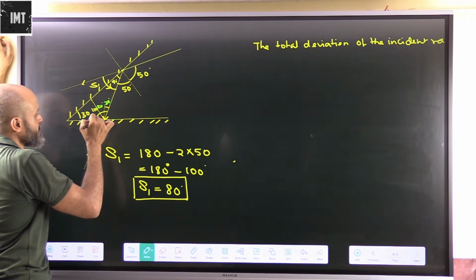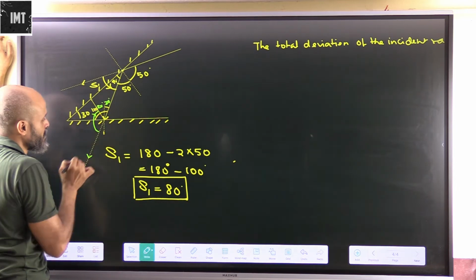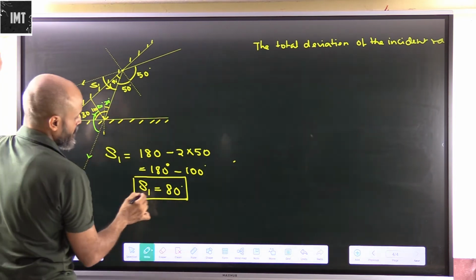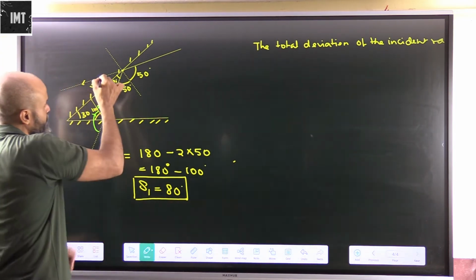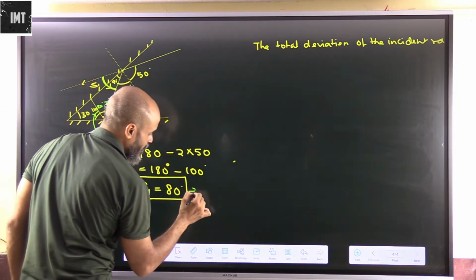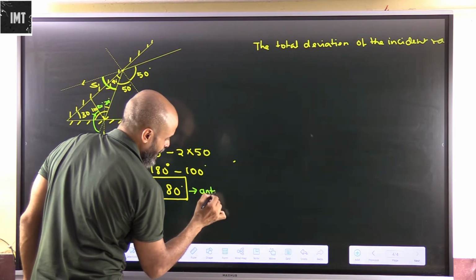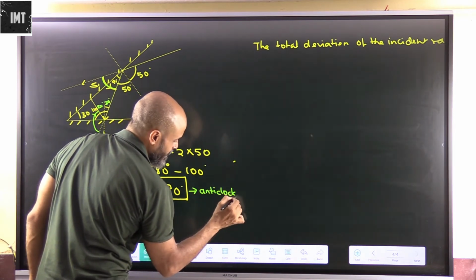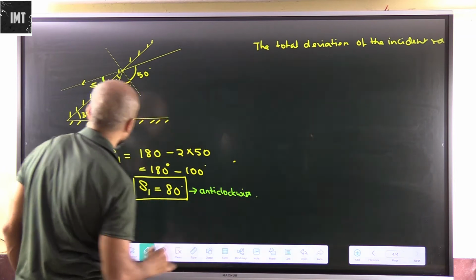So this is the deviation that is produced. Understand the direction here: this delta 1 is in the anti-clockwise direction.